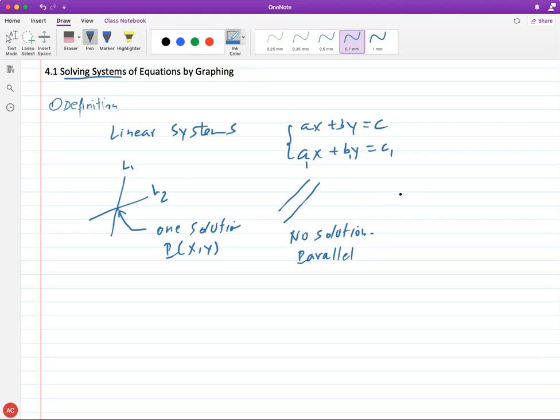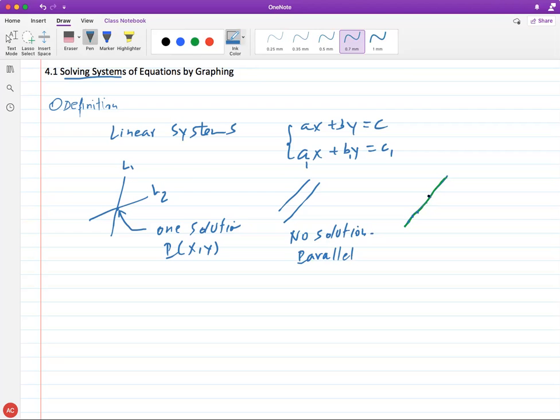The third case is when the two lines basically overlap. When you draw the first line and you draw the second one, you pretty much end up with one on top of the other. So in this case, the lines basically meet everywhere.